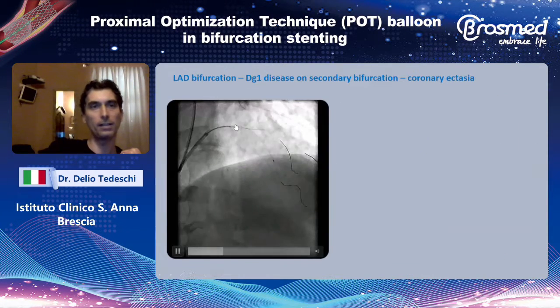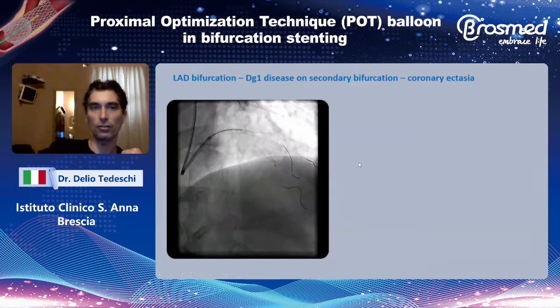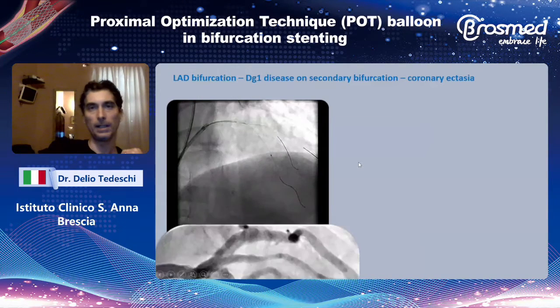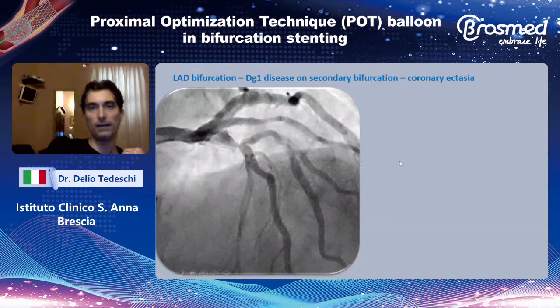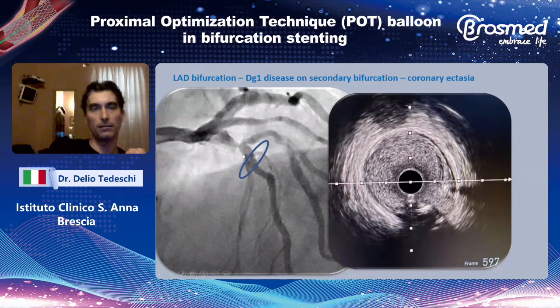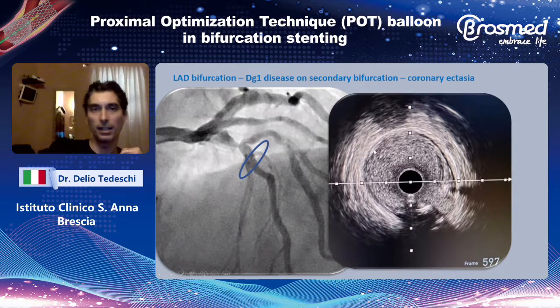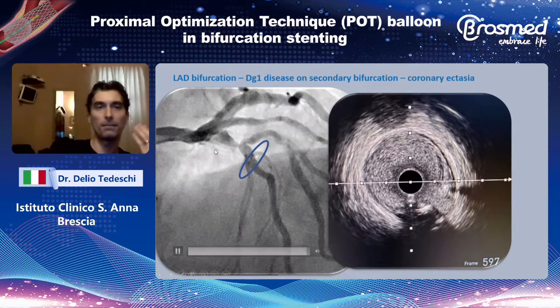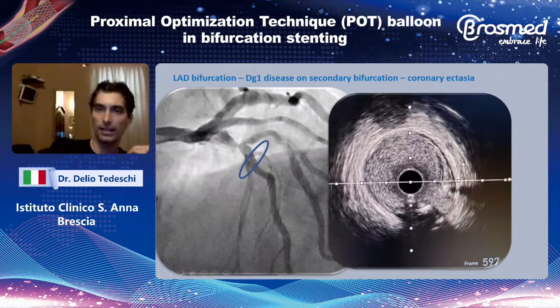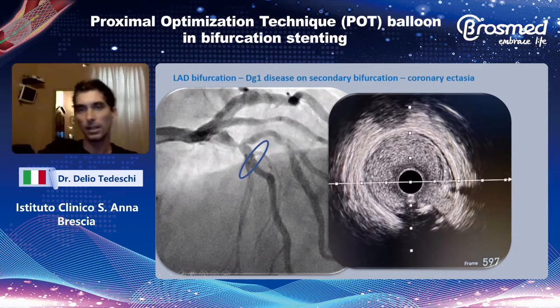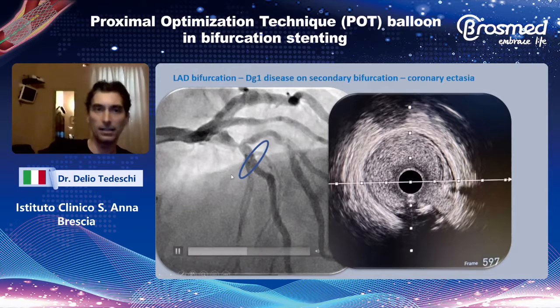And this was the IVUS interrogation, of course. And we can see here the result of the analysis. At the level of the mid-LAD we can see a healthy vessel with very minimal disease, and this was my landing zone.